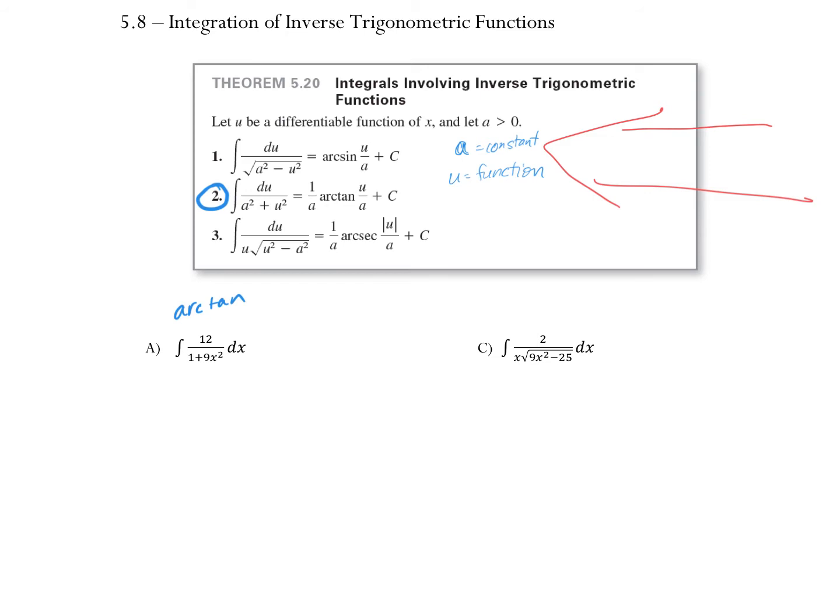All right, so as I look at this, the first thing I'm going to do is rewrite it with that a and that u being squared. So are you guys with me that 1 is equivalent to 1 squared and 9x squared is equivalent to 3x, the quantity squared? And heck, just for fun, couldn't we rewrite that 12 out front and put a 1 on the top just so that it really does match that arctan function?